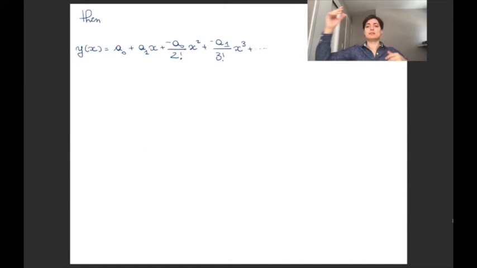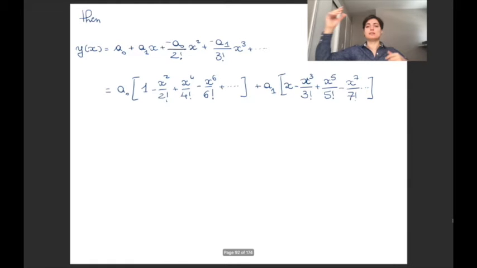So we can write it down. We can write y(x) as the sum of a0 plus a1 x plus minus a0 divided by 2 factorial x squared plus minus a1 divided by 3 factorial x to the power 3, and so forth. And we divide this by trying to divide the terms that depend on a0 and the terms that depend on a1. That we can do because of how they are constructed.